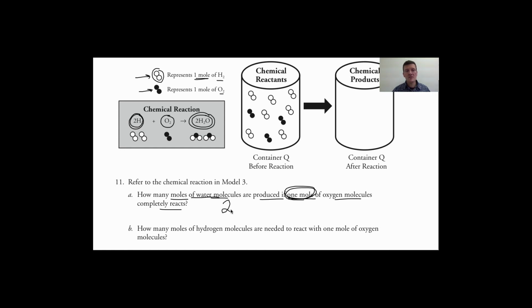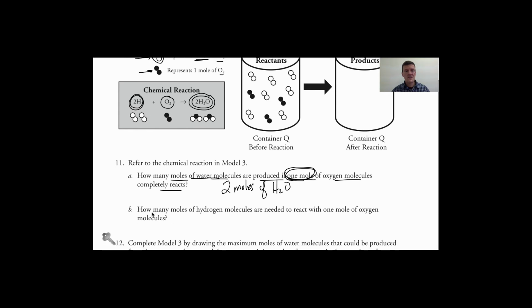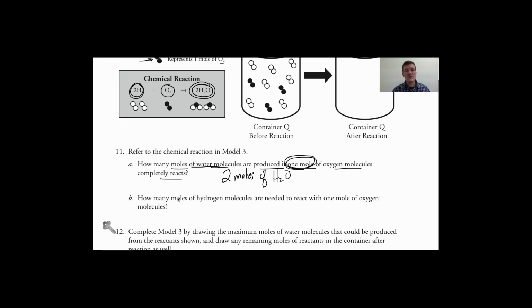So you're going to create 2 moles of water. How many moles of hydrogen molecules are needed to react with 1 mole of oxygen? If you have 1 mole of oxygen, you need 2 moles of hydrogen.